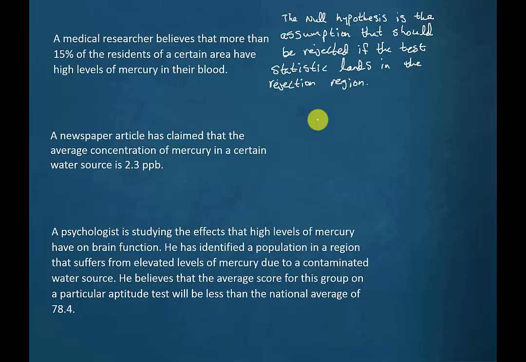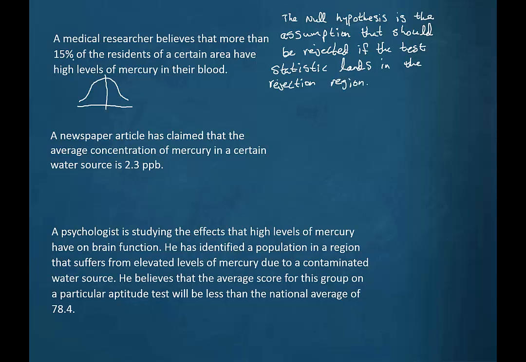So let's look at this first example. It says a medical researcher believes that more than 15% of the residents of a certain area have high levels of mercury in their blood. If we were to look at a normal distribution, we would note that this statement has to do with a proportion.